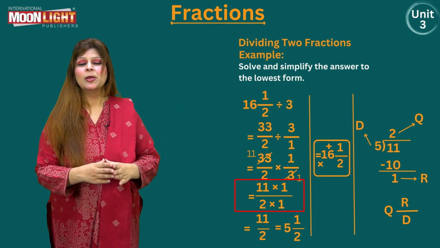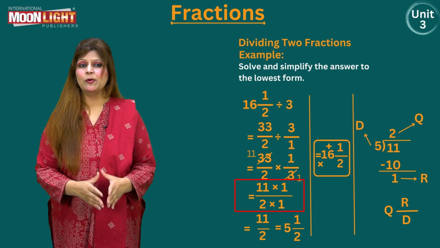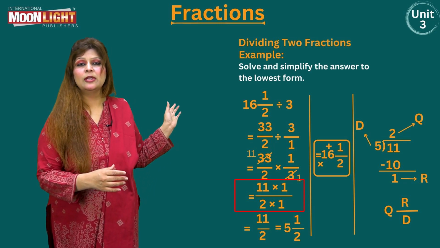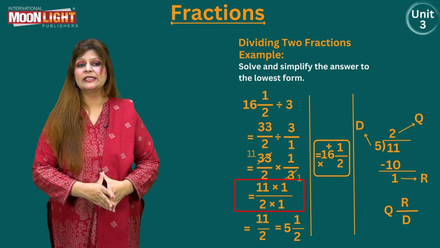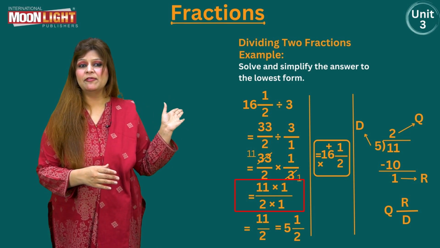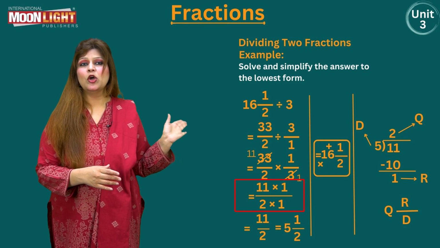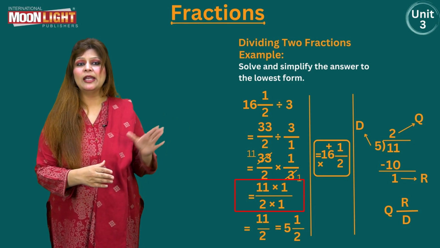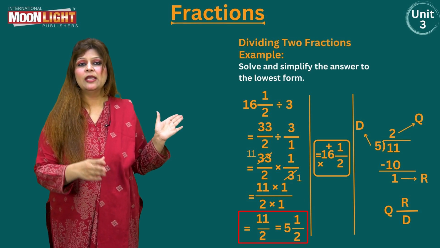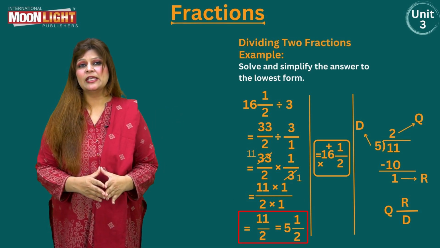Next, 1 and 2: this is no longer possible because they are already simplified. So I write numerator multiplied by numerator and denominator multiplied by denominator. The numerator is 11 multiplied by 1 and the denominator is 2 multiplied by 1. So we get 11 by 2, which is an improper fraction.